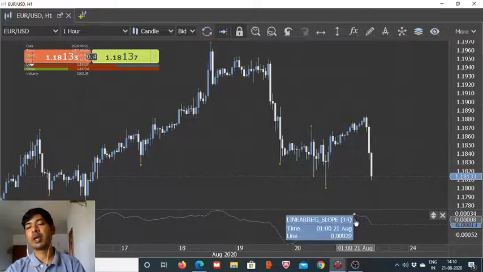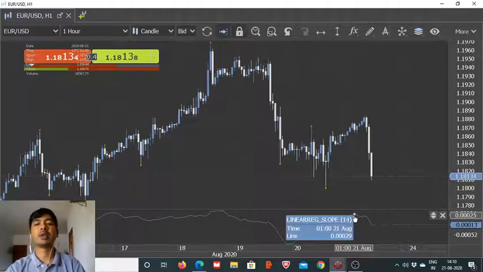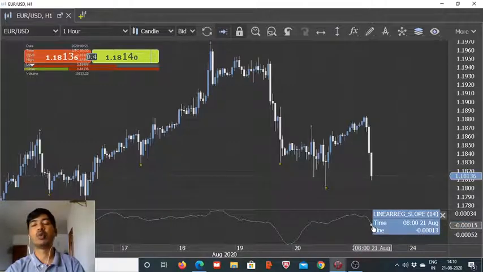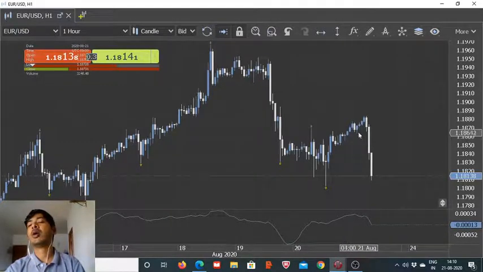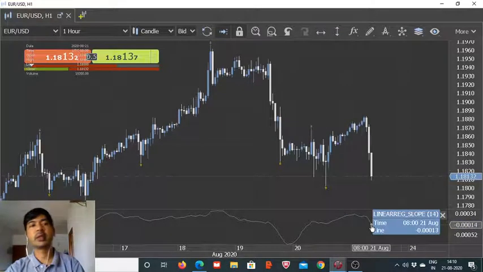oscillating between the negative and the positive territory. Sometimes it is above, sometimes it is below the zero, depending on the momentum of the underlying instrument. So basically it tries to measure the change of linear regression slope.